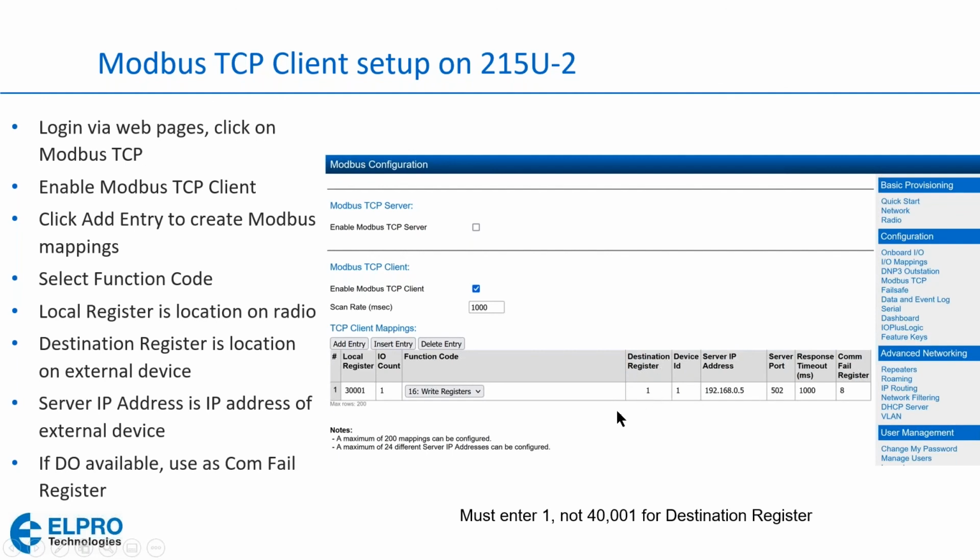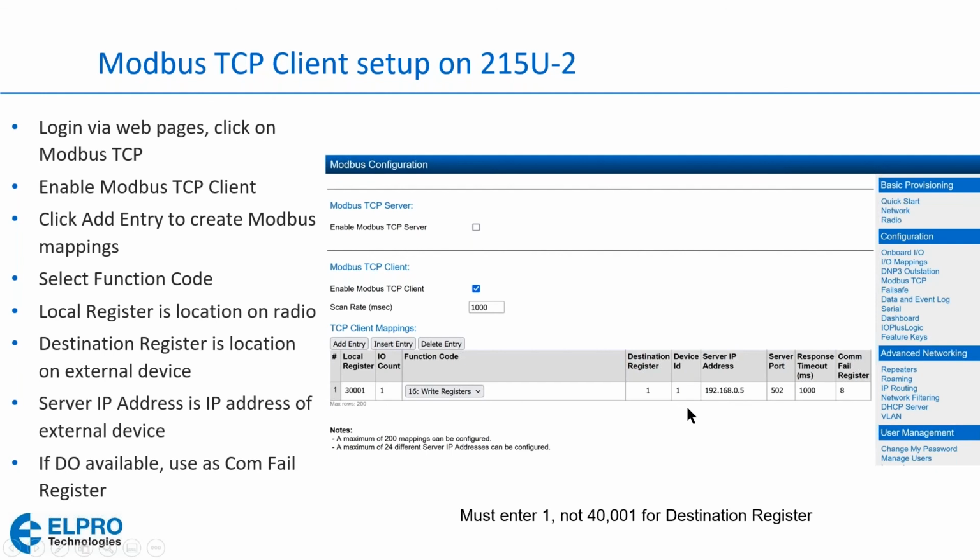Now, this will actually be going to register 40,001 on the Modbus TCP server device. However, because the function code specifies write registers, it's automatically going to go to the 40,000 series register. So we only need to enter the value of 1, knowing that it will automatically be going to register 40,001.